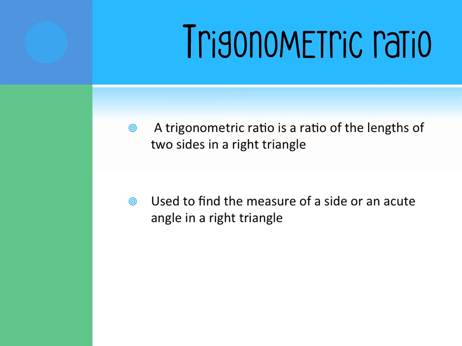Each of them is used to find either one of the angles in the right triangle, not the right angle, so one of the acute angles, or one of the side lengths. Unless the angles are special right angles like we just used with 30, 60, 90 and 45, 45, 90, these have to be solved with a calculator. So you can set it up without, but then you're going to have to finish it with.